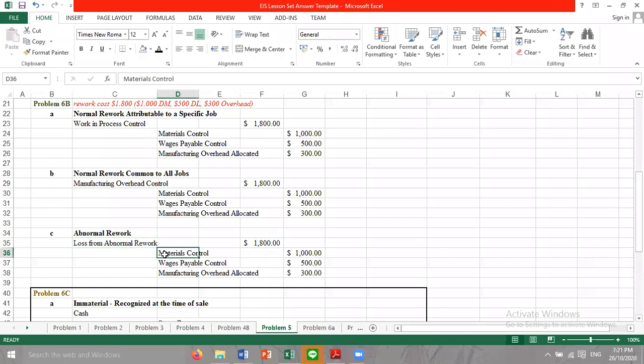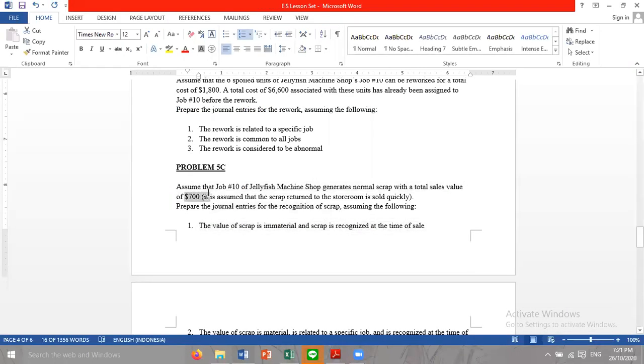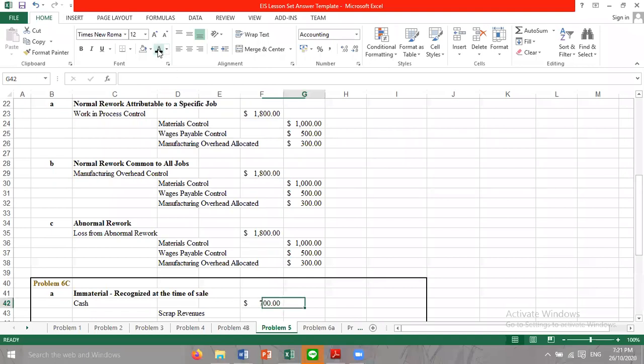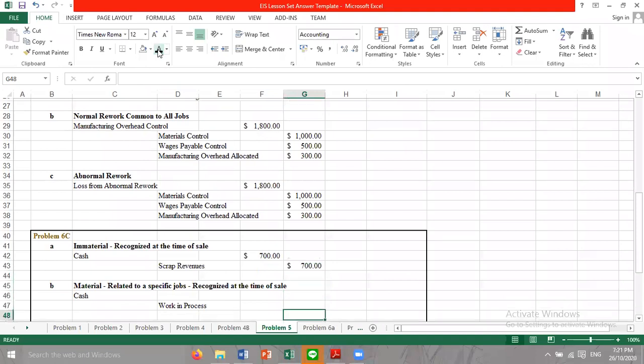Just like I mentioned before, if it's immaterial, we just recognize it at time of sale, where we make the entry debit cash, credit scrap revenue based on how much we get. In this case, we get $700 of total sales value, so we debit $700 to cash and credit $700 to scrap revenue.